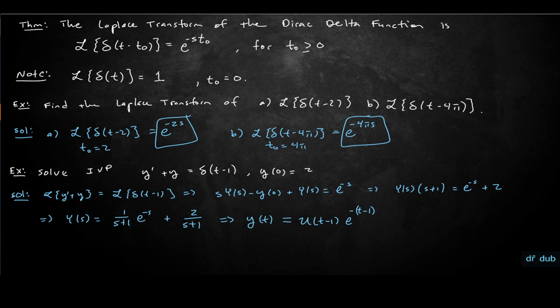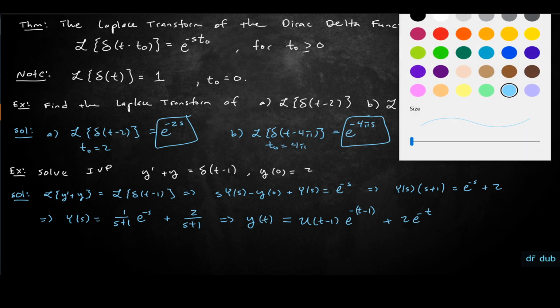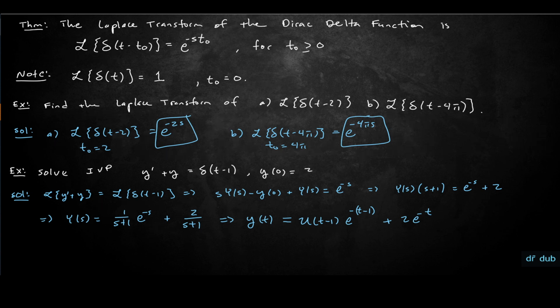So basically that's the second translation theorem in reverse. Plus 2e to the negative t. So indeed, we do have a part of our solution which is transient. It goes to 0. So this transient term starts at t equals 1 and then dies off. So transient.